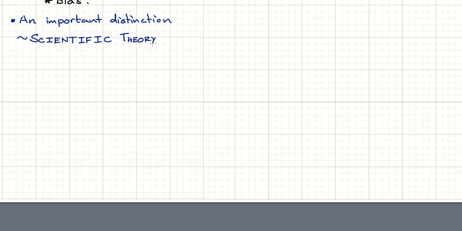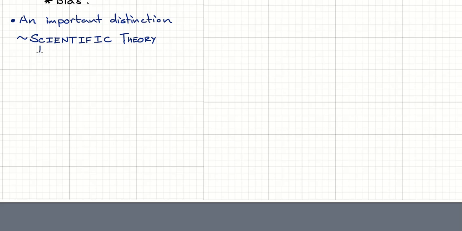It can be their own personal belief and their own personal theory, but it does not qualify as a scientific theory, like the theory of evolution or the theory of gravity, which is maybe much less controversial, but it still has the same meaning. When you see theory, don't think, oh, this is just one person's thoughts on the matter. That is not how theories are developed.